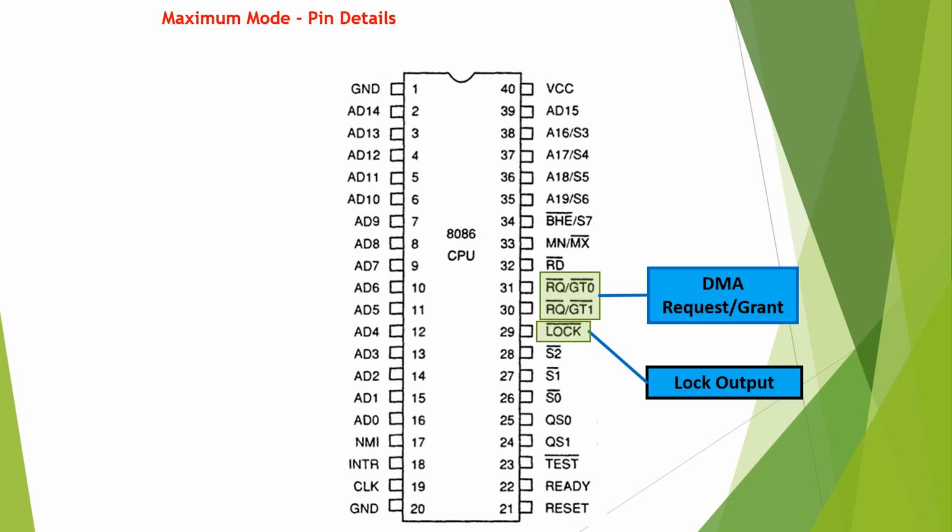And next is the lock pin. This output pin indicates that the other system bus masters will be prevented from gaining access to the system bus while the lock signal is active low. This lock signal is activated by the lock prefix instruction and it remains active until the completion of the next instruction by the 8086.